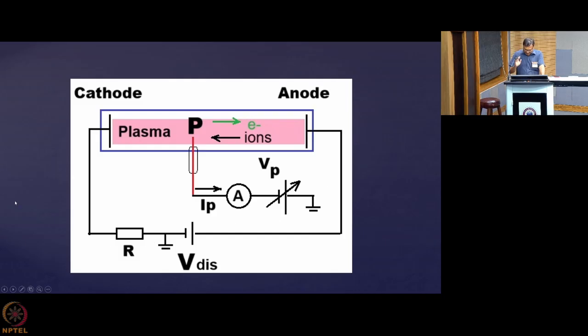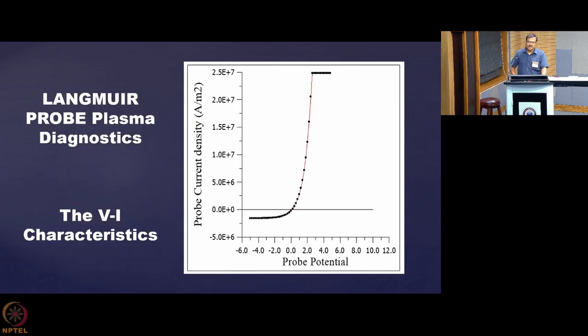So, that is the basic configuration, and as I told you, when you bias the probe at a negative potential, because of the negative region, electrons are not allowed to move over there. So, you get a current due to the ions, and we told that it is a space charge limited current, space charge limited by the ions, and the current you are seeing here corresponds to that.